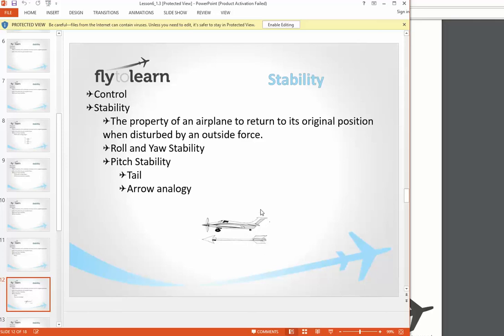And that's exactly what the tail is for. Both the vertical tail to move it yaw-wise and the elevator to move it pitch-wise. We need the tail on an aircraft. If you go into Plane Maker and take a tail off, you can see how terribly it goes. It's very unstable without that.